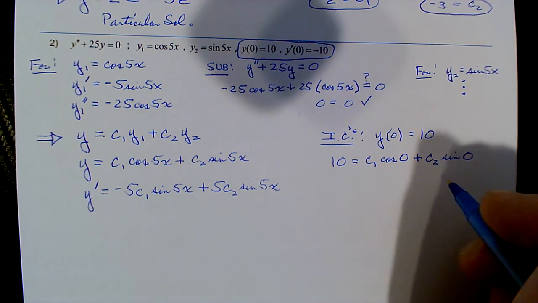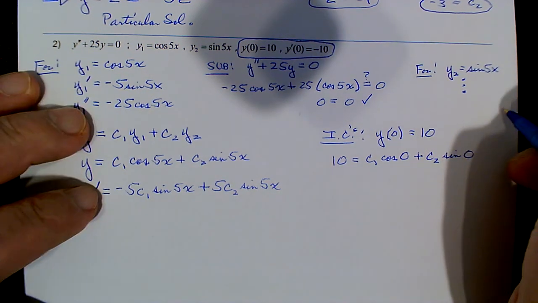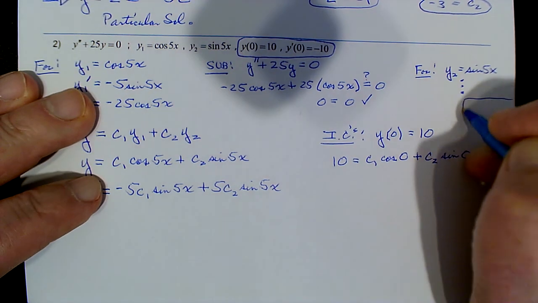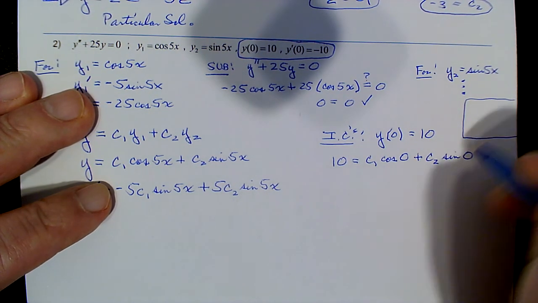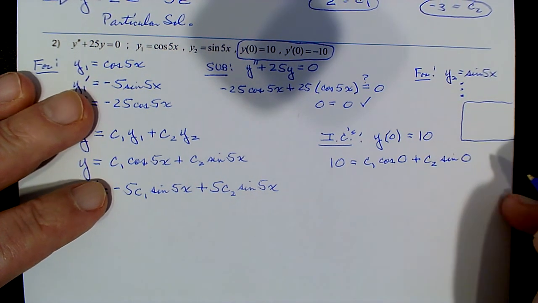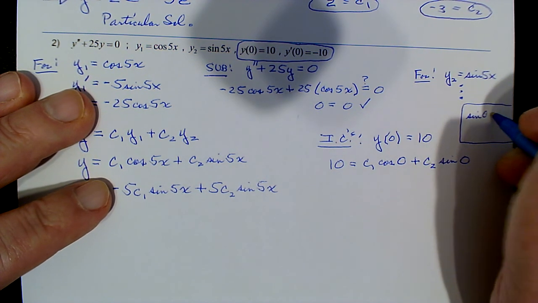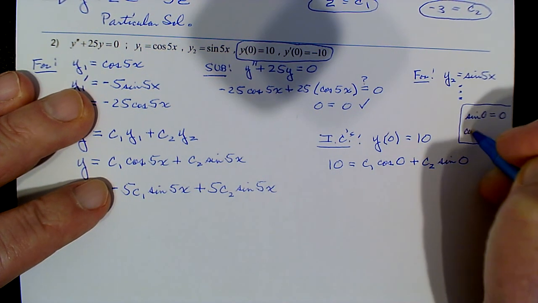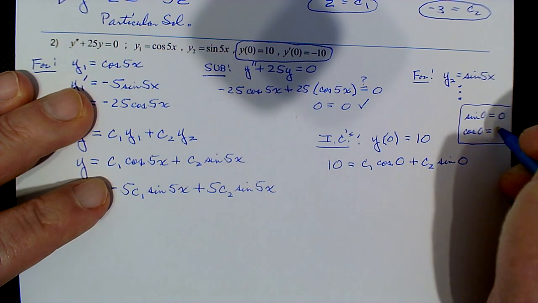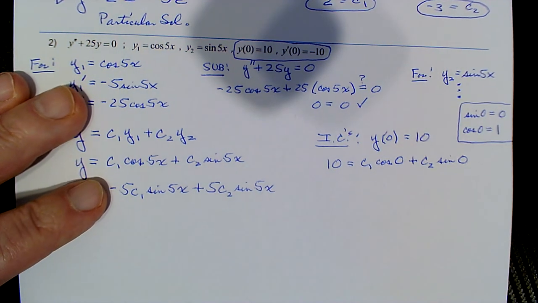But one thing that you always want to make sure you memorize, this is what makes trig functions easier when you're dealing with initial conditions, is that the sine of 0 is 0 and the cosine of 0 is 1. Okay, so that's very important.